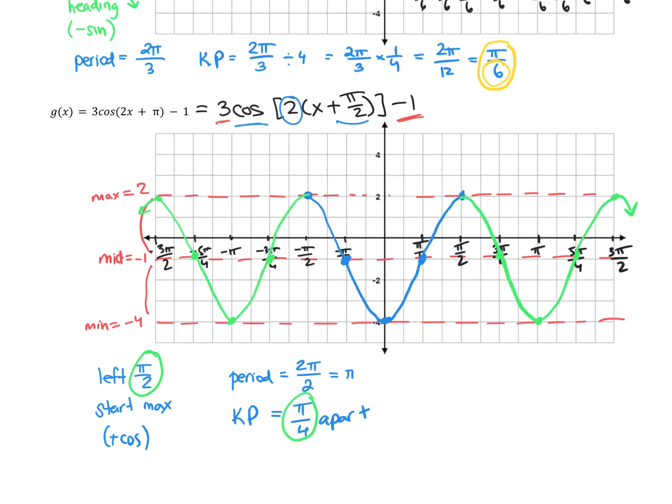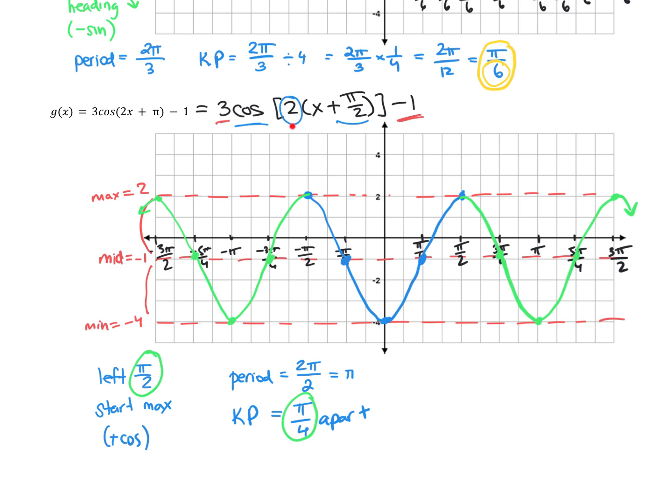There's our cos function. So again, we want to use our midline, draw that in, use the amplitude to help you get your max and min, identify your phase shift, and if you have sine or cos, if it's reflected, to get that starting point.